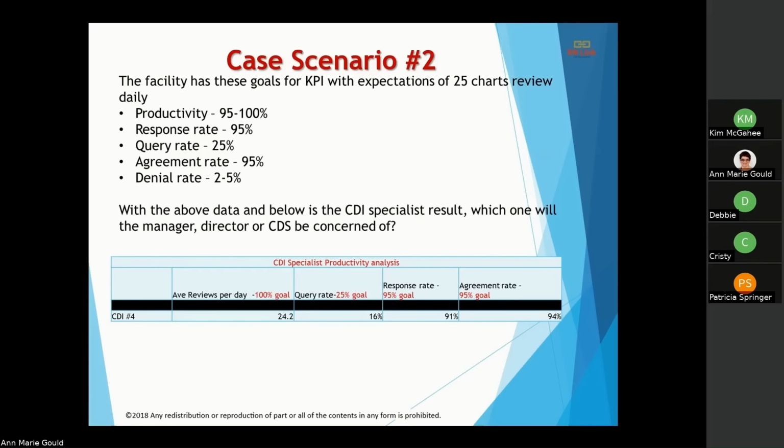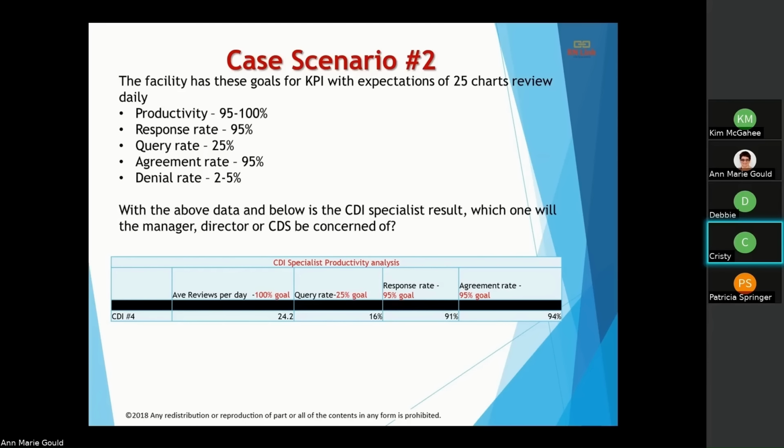Query rate. Query rate, you're right, because it's only 16% while the goal was 25%. Even at 16% with a 94% agreement rate, that's good. But if they had more queries, they would have both a higher average review per day and a higher response rate because you'd have more queries done. That's right.